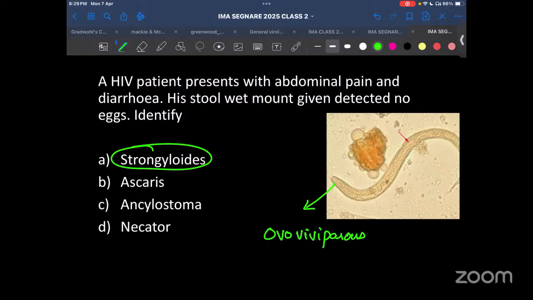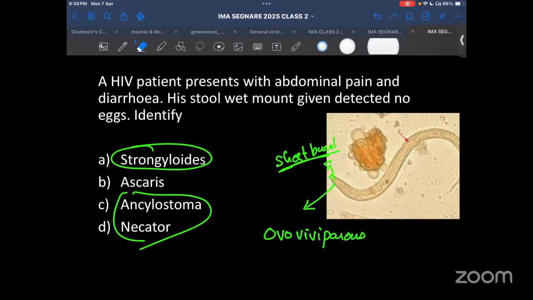Now this larva, you can confuse it with Ancylostoma and Necator. These are hookworm larvae. You can get confused between these, but the identification is that Strongyloides has a very short buccal space. But Ancylostoma and Necator are blood-sucking organisms.